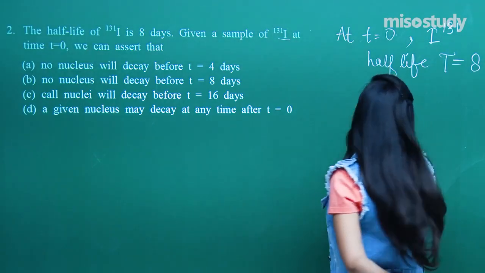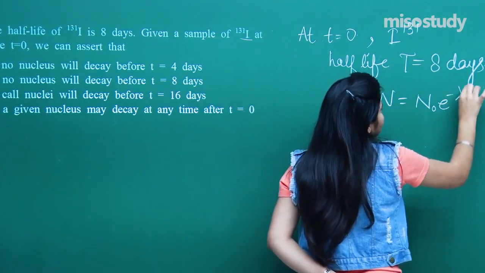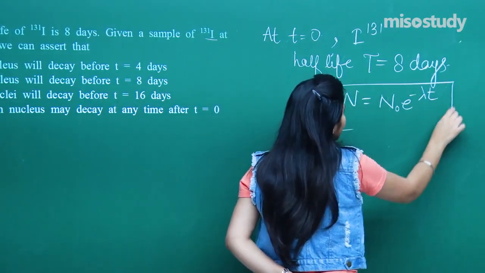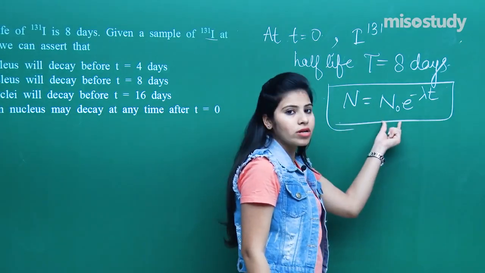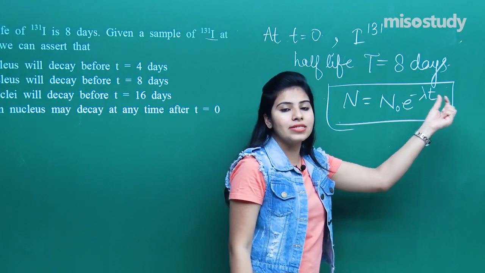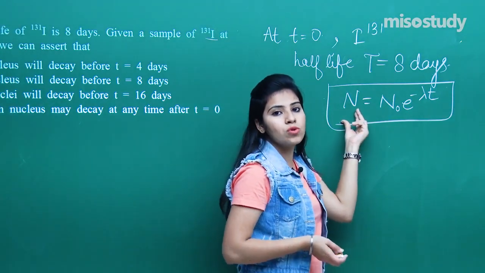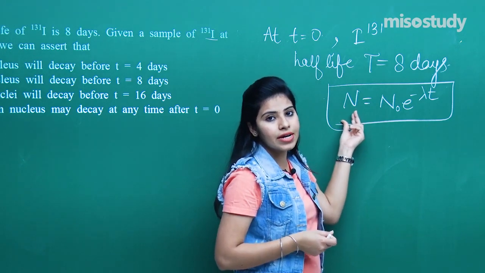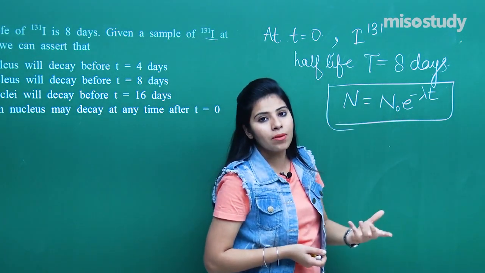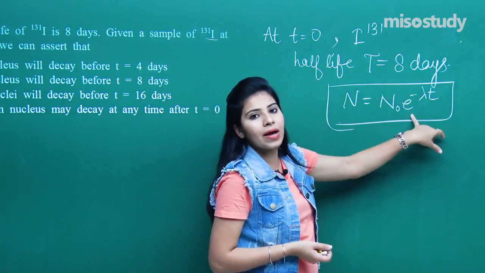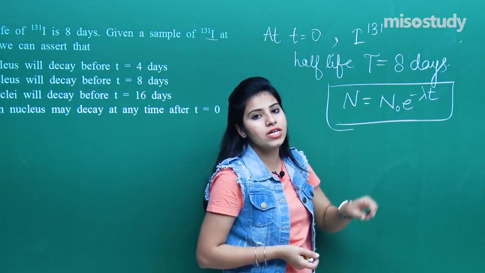We know there is a radioactive decay law, according to which N equals N naught e raised to the power minus lambda t. That means the number of nuclei left after disintegration is equal to N naught, the initial number of nuclei, multiplied by e raised to the power minus lambda t, where lambda is your decay constant.